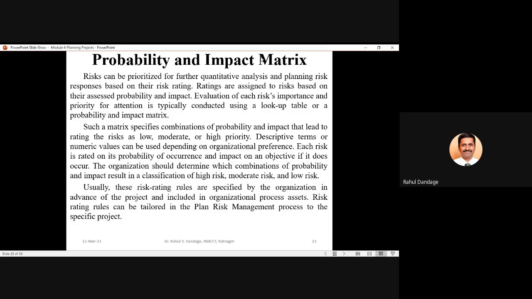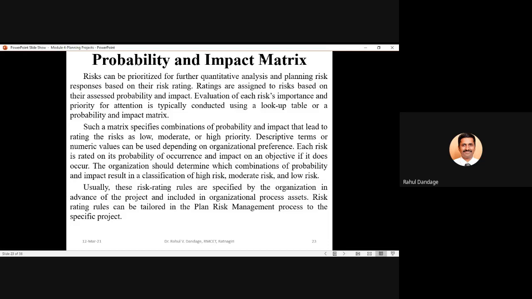For many of the processes, the inputs include these organizational process assets. So the rules specified there should be followed when you are rating the risks. Risk rating rules can be tailored in the plan risk management process to the specific project.